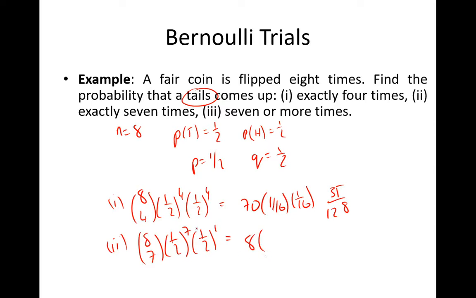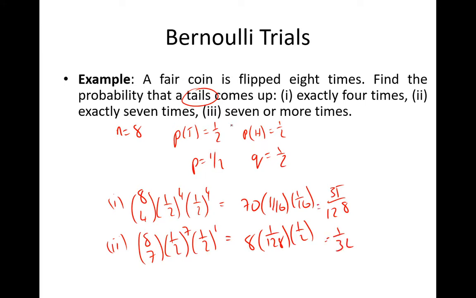A half to the power of 7, well, 2 to the power of 7, let's see what the denominator becomes, and that's 128. And then a half is 1 over 2. So therefore, 1 over 128 multiplied by a half multiplied by 8, and that comes out as 1 over 32. So that's the probability of that one.